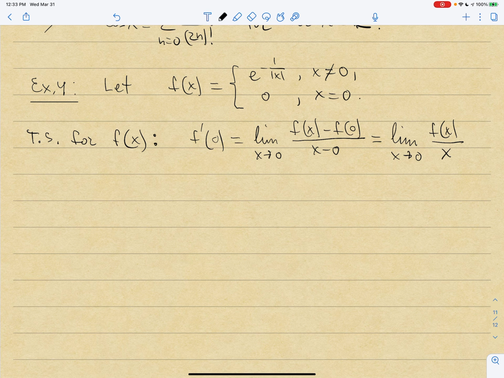One thing that I know about this function is that it should be even, right? Because it depends on absolute value of x. So if I plug in minus x into the function, I'm going to get the same value as at x. So the graph is symmetric with respect to the y-axis.